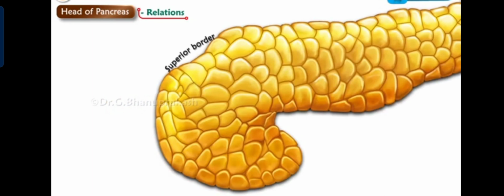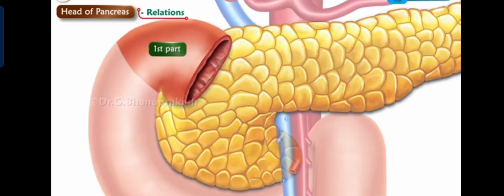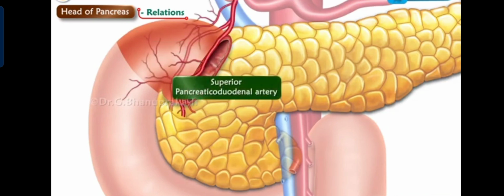Now the superior border is related to the first part of the duodenum and the superior pancreaticoduodenal artery.